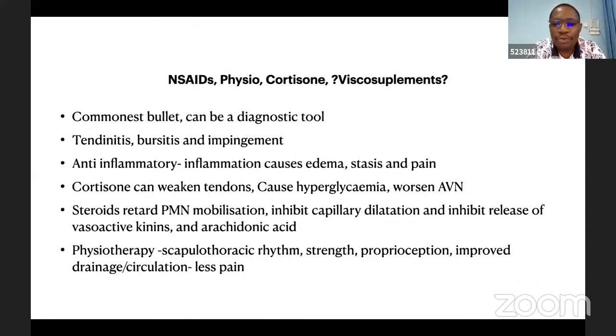So most of the time when you inject these steroids, you need to either add lidocaine for you to be sure that you have injected it at the right place, or to tell the patient that the first few days might be painful, and so add some NSAIDs so that by the time the steroid is picking up, the NSAIDs have helped the patient not to be in a lot of pain.